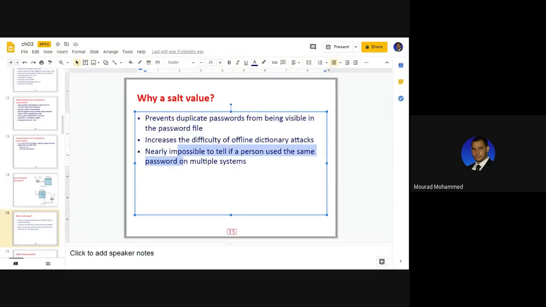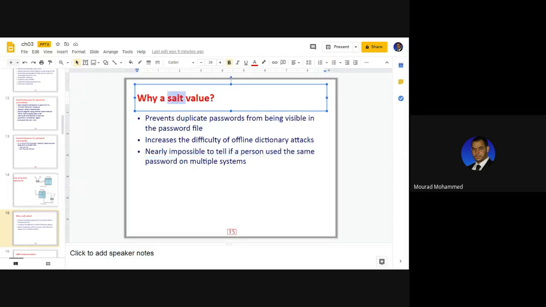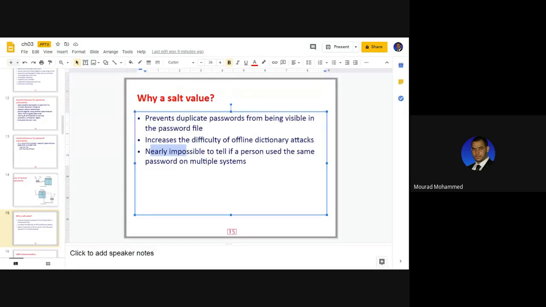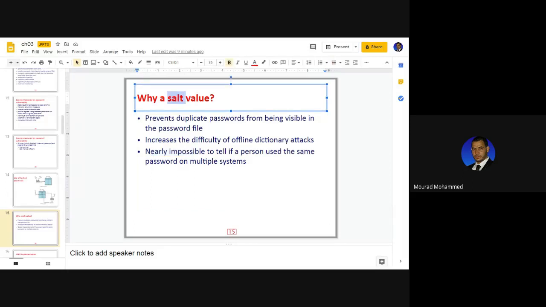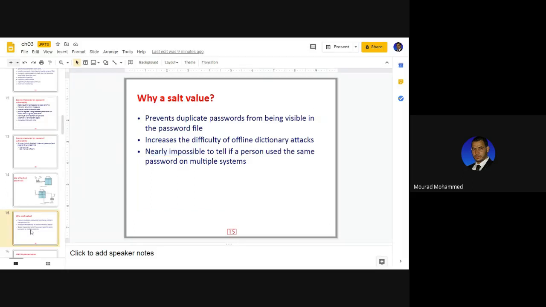Then the salt would be specific and unique for each user. It is impossible, or nearly impossible, to find the same salt for two different users. And this is one of the successes of utilizing the salt.